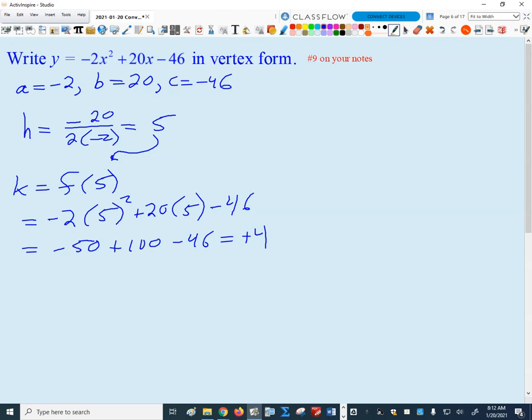And so we get our vertex is 5, 4. And so now we can use the fact that we know h and k to write our quadratic function in vertex form.